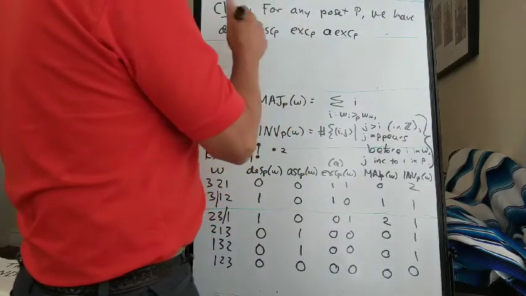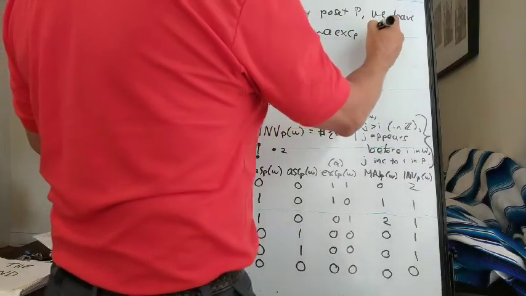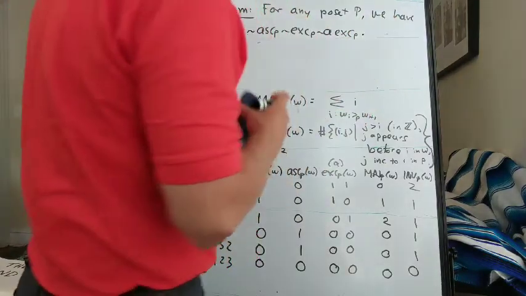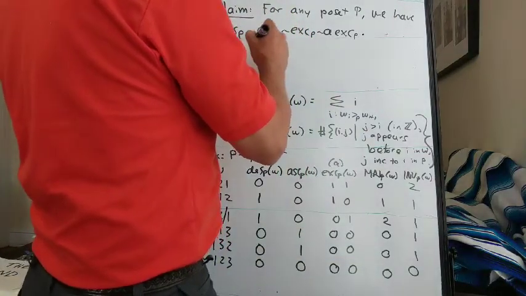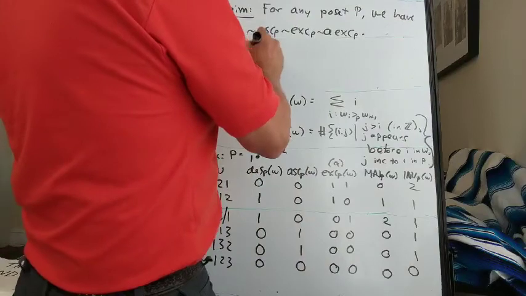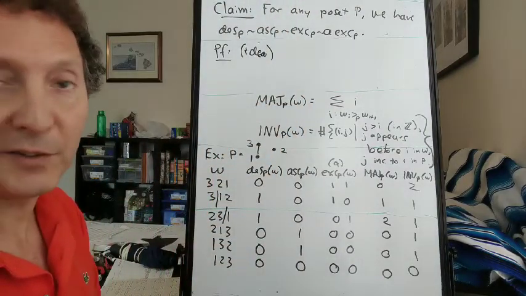We put the similar sign in between them. These are all equally distributed. So the proof idea is that the proof is exactly the same as before.